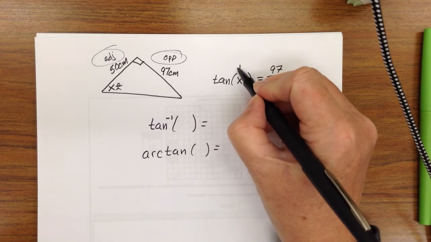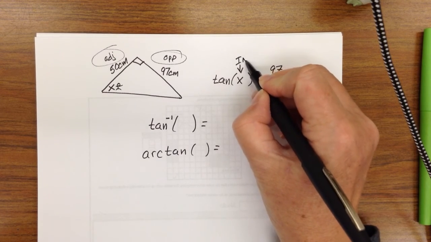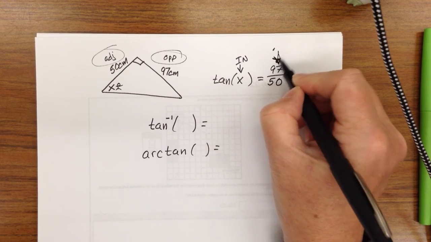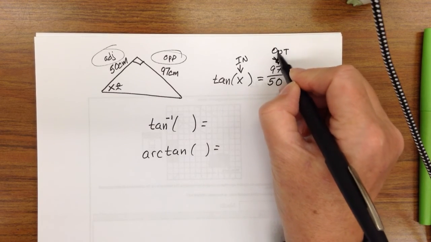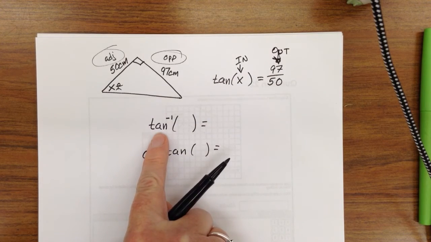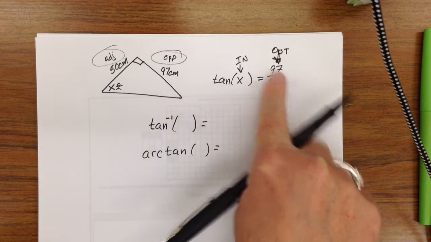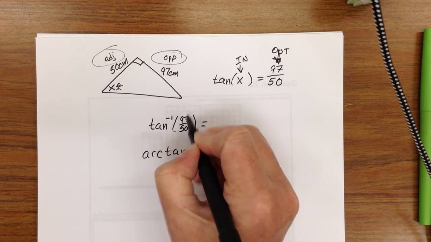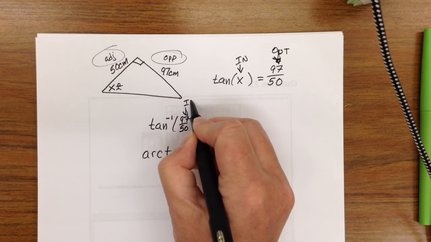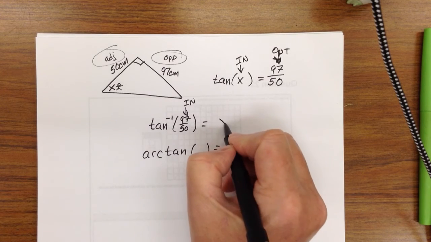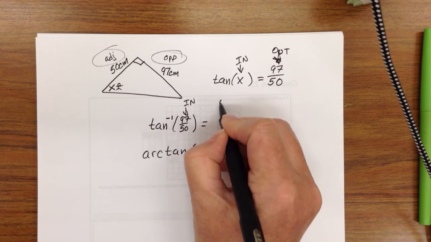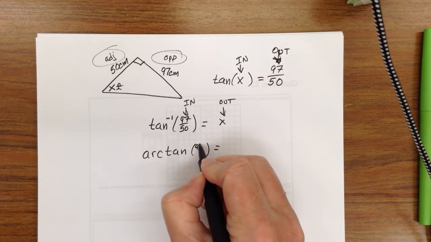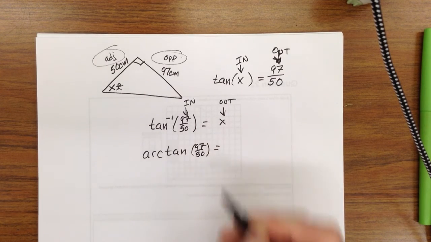In our tangent equation, the x is the in, and this fraction is, nice arrow, the out. When we switch to inverse tangent, the out becomes the in, and the in becomes the out. Oh, that is a thing of beauty. The notation here would be the same.